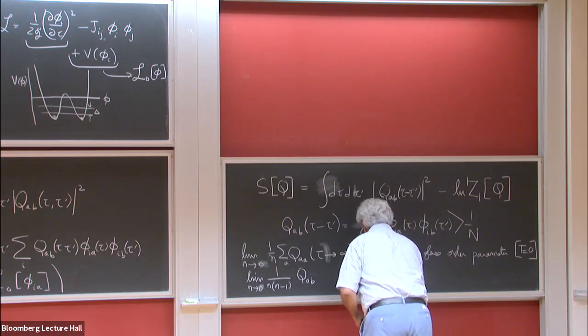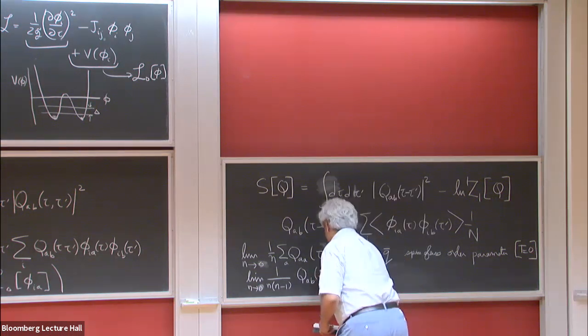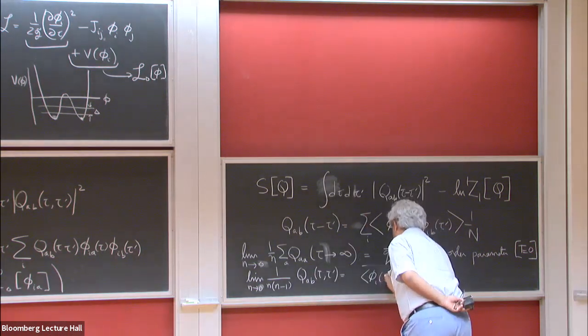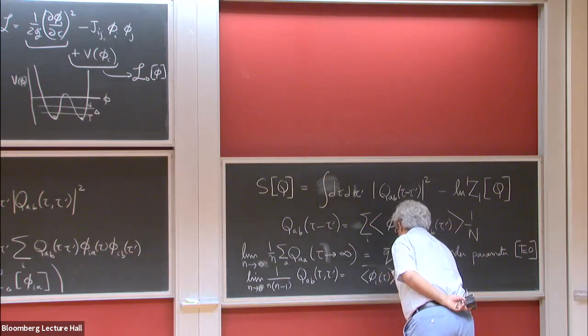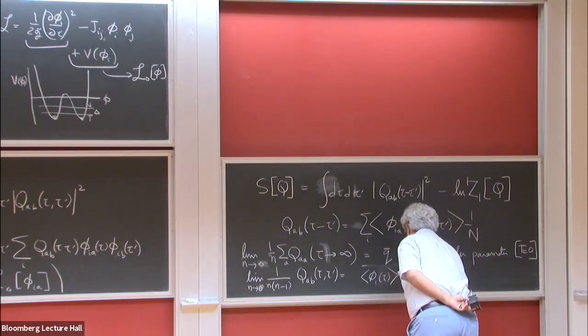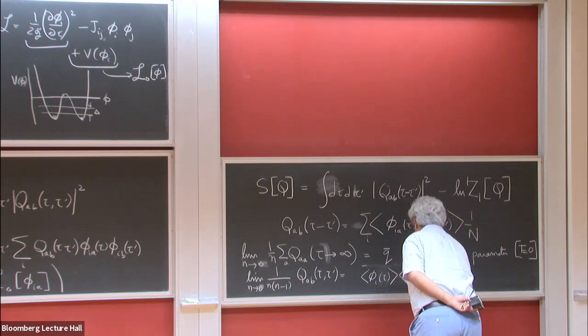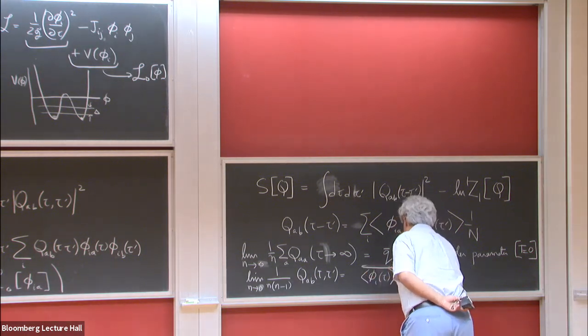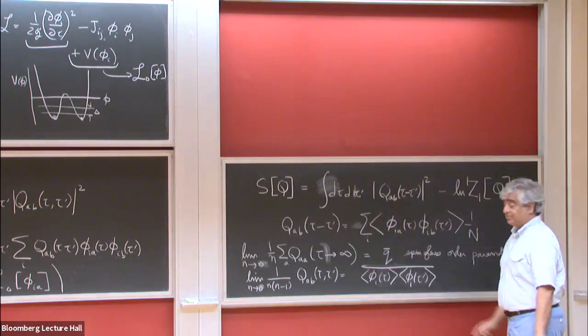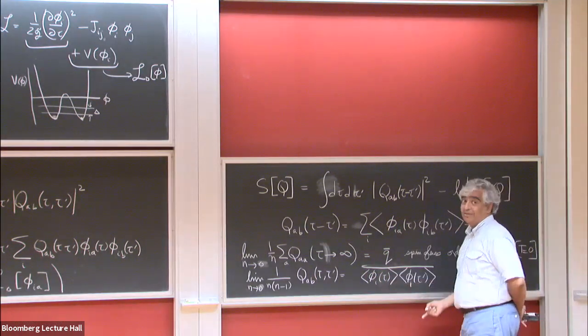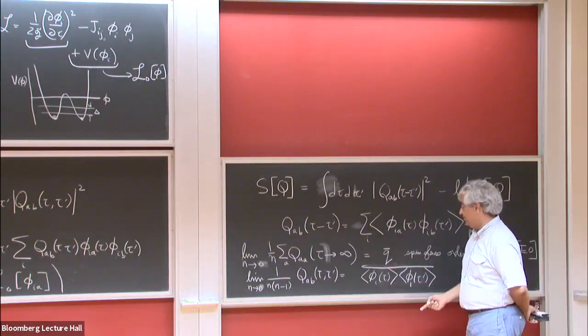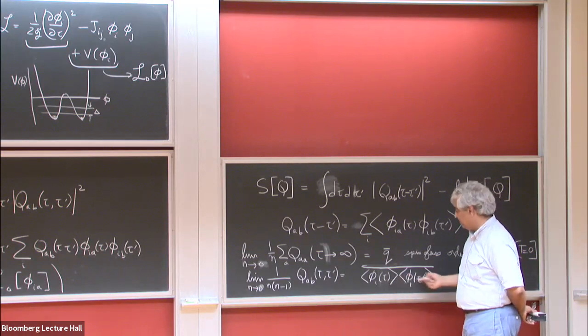careful, what I'm really doing, if I put a tau on top right here, phi I of tau, phi I of tau prime, average, you can see from the structure that, in fact, this is independent of tau and tau prime. The replica diagonal components have to be independent of time.